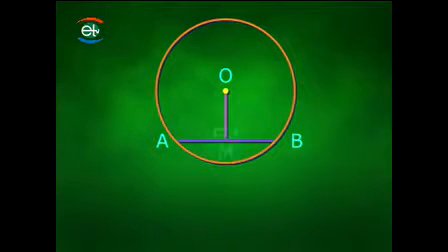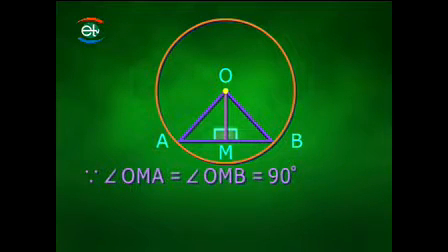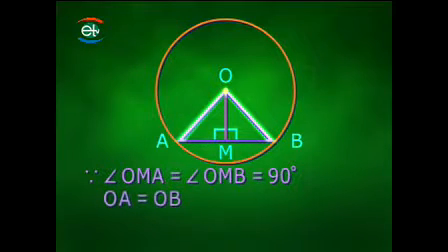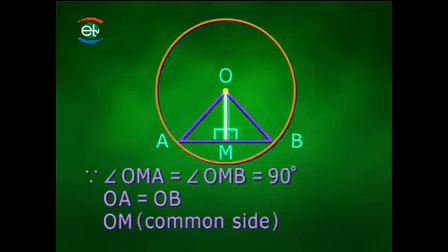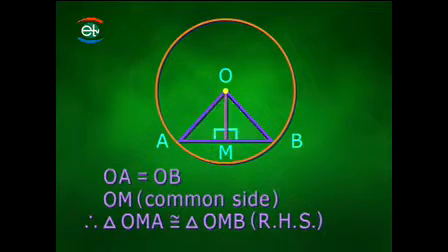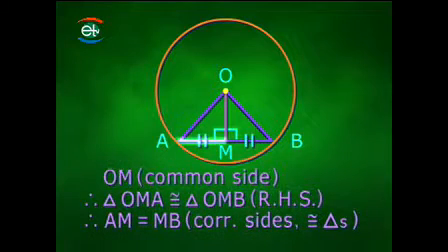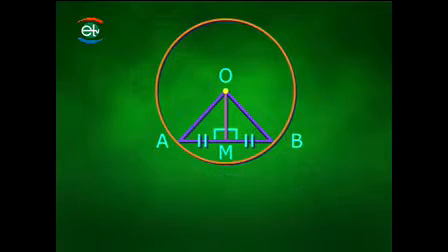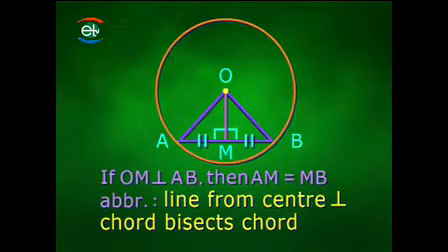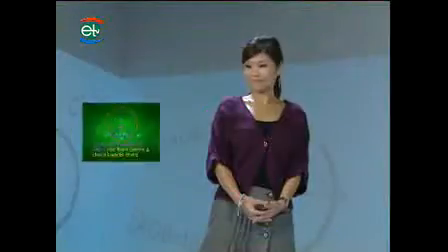In a circle, there is a chord. The perpendicular line from the center to the chord bisects the chord. The theorem is, the perpendicular from the center of a circle to a chord bisects the chord.